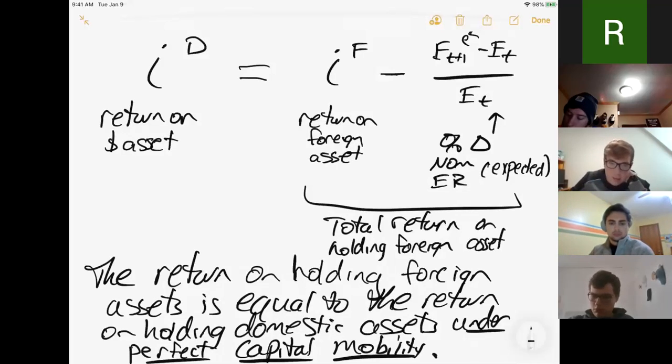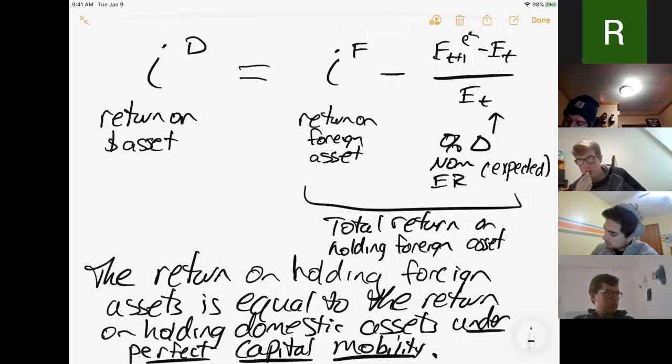The return to holding foreign assets should be equal to the return of holding domestic assets under perfect capital mobility. And that, of course, is an important caveat. Because what perfect capital mobility basically means is that capital can move freely between countries.